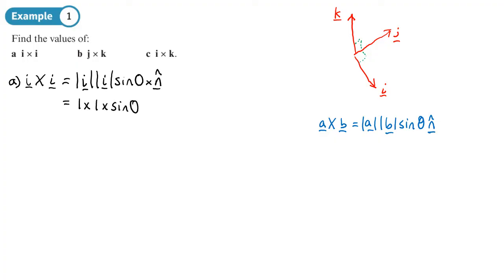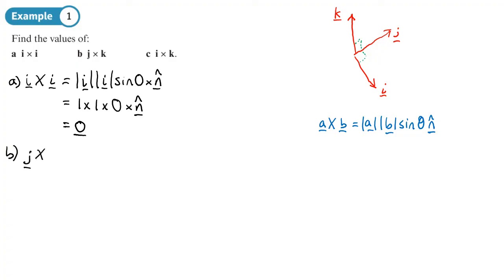It actually doesn't matter what we do for this normal vector, because sine 0 is 0. We're going to end up with 0, which is what we expected, because if two vectors are parallel, and I and I are parallel, their cross product is 0. Now this 0 is a vector, so we should underline it. It's the zero vector.